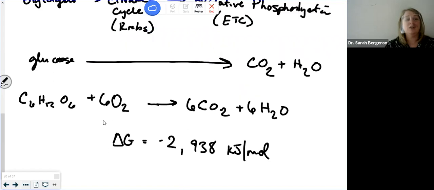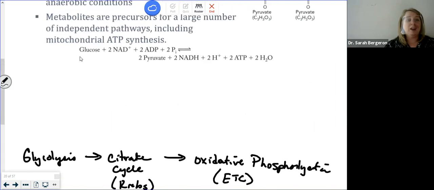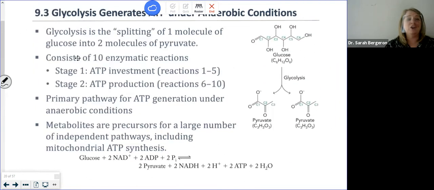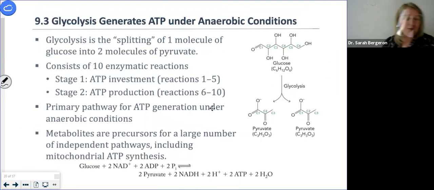So let's talk in detail about this very first step of glycolysis. Glycolysis is what we call one of the core enzymatic metabolic pathways. The reason that we call it one of the core pathways is because this is really the primary pathway for ATP generation if you don't have oxygen present.